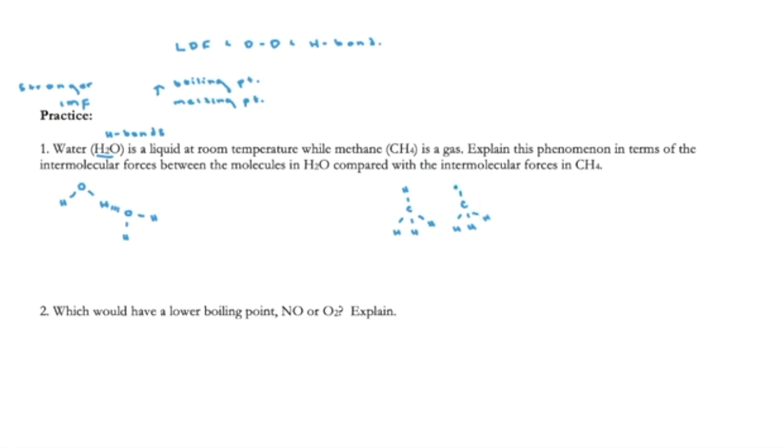And also, since the molecule is nonpolar, the dipoles cancel, so the attractive force between CH4 molecules is going to be LDF, London dispersion forces. So in order to explain why methane is a gas at room temperature while water is a liquid, it's because water has stronger intermolecular forces because it has hydrogen bonds, while CH4 has weaker attractive forces because it has LDF.